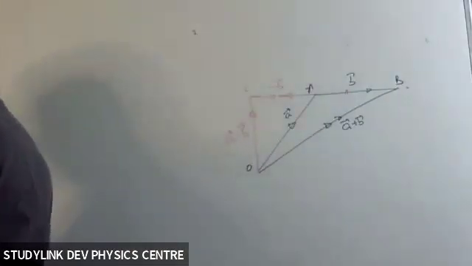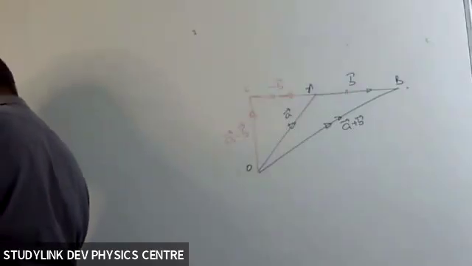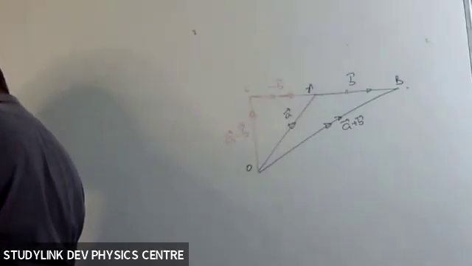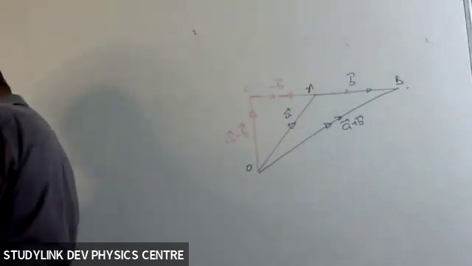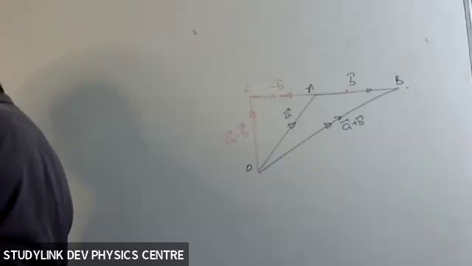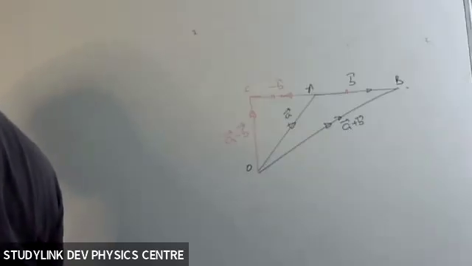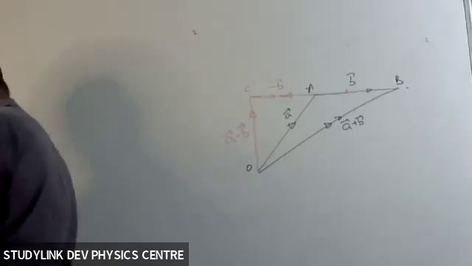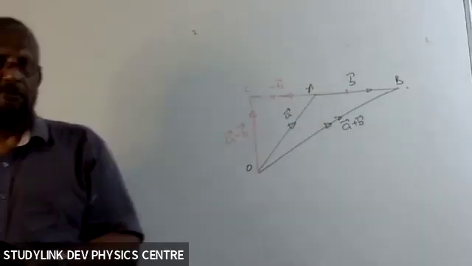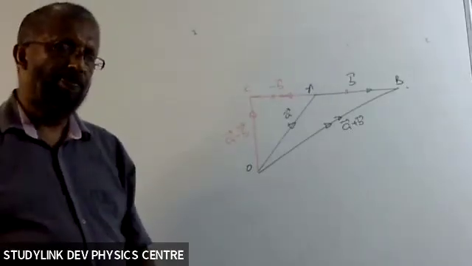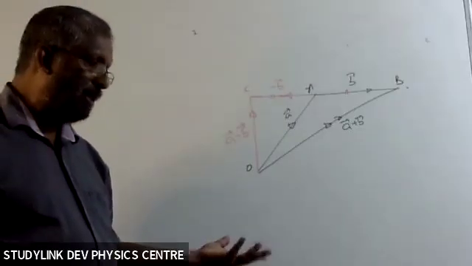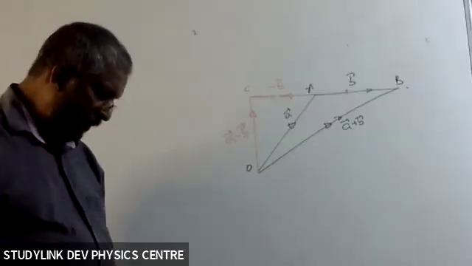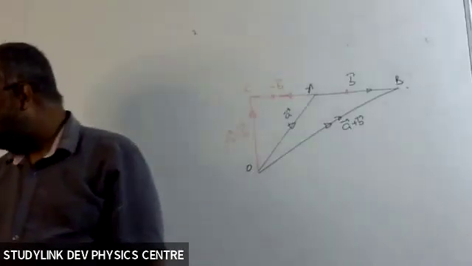Draw it. Remember, always what we do is we add the negative one. Then you get A minus B.